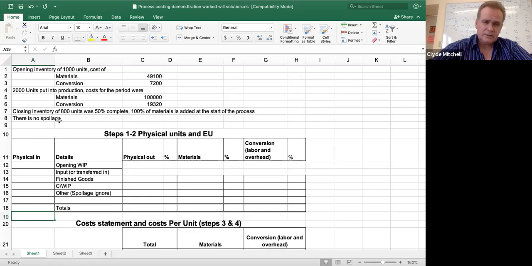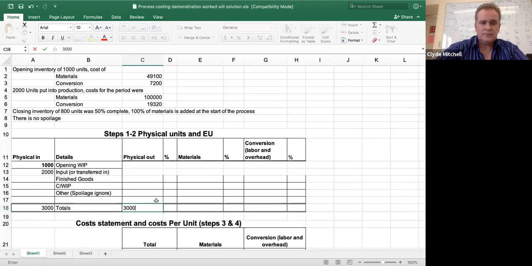So let's look at step one. We need the physical in and the physical out to balance. So the physical in, there was opening work in progress of 1,000 units. Again, I'm just going to type that in. And we started or put 2,000 units into production. So in total, we have got 3,000 units we need to deal with, which obviously must be the units that come out.